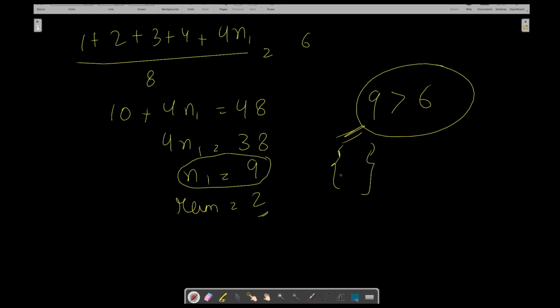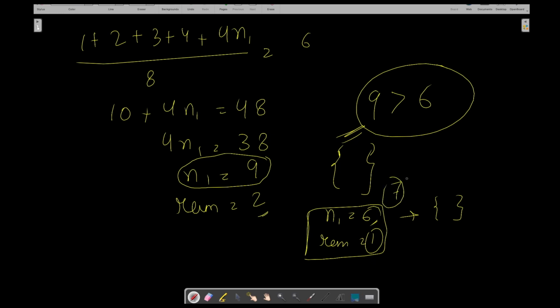Okay. Now if there is some case where we get n1 as 6 but the remainder as 2 or 1, then also we will be returning an empty array. Why? Because 6 can exist on a dice, but there is a remainder also. It means we have to increment one observation by one number. So if we increment 6 by 1, then it will become 7, and 7 cannot exist on a dice, right?